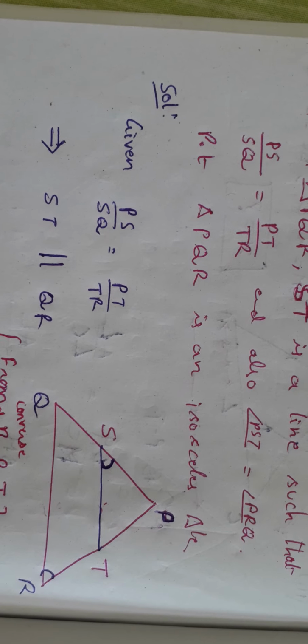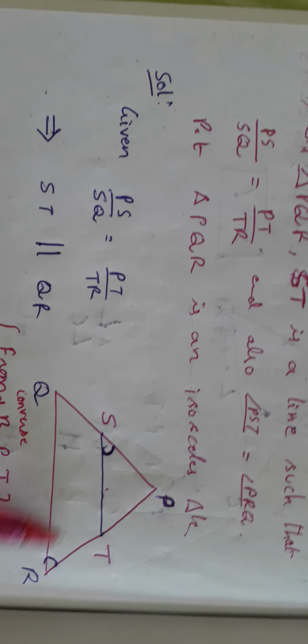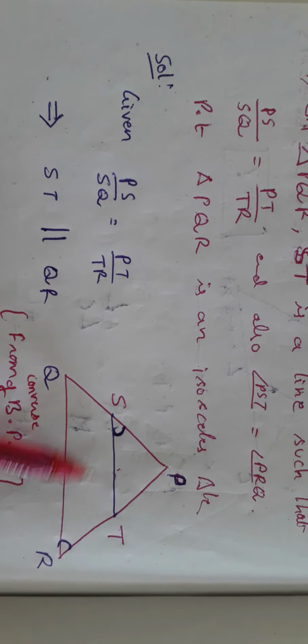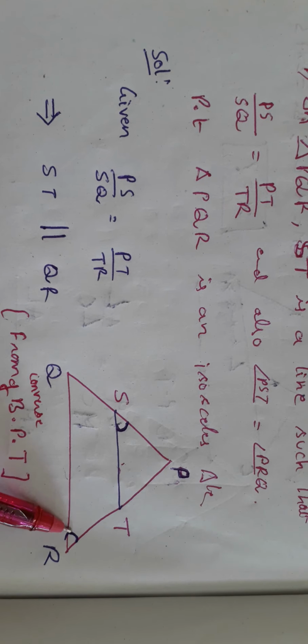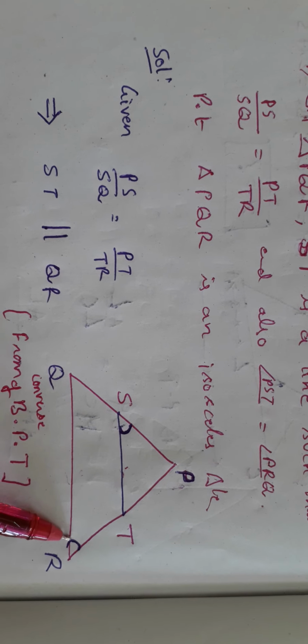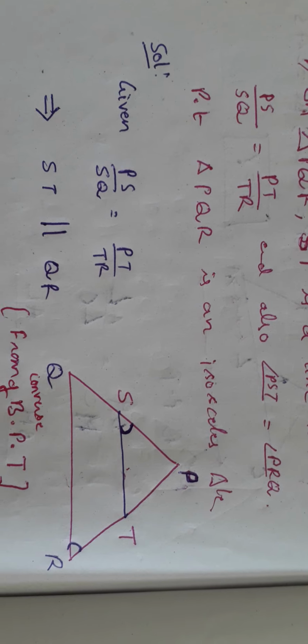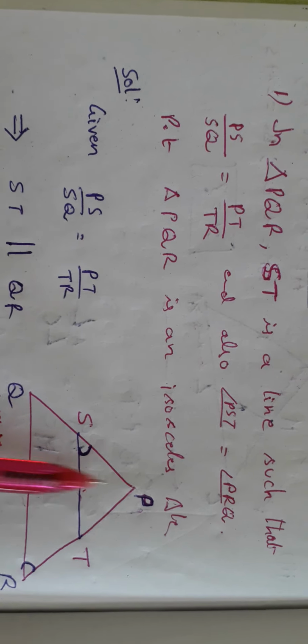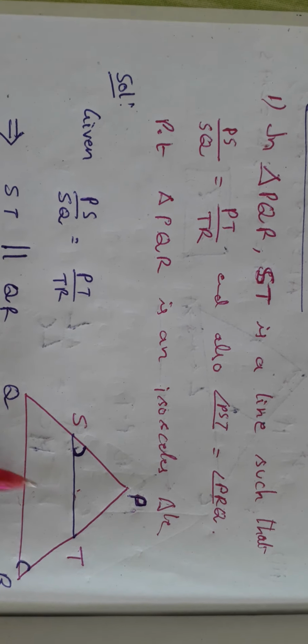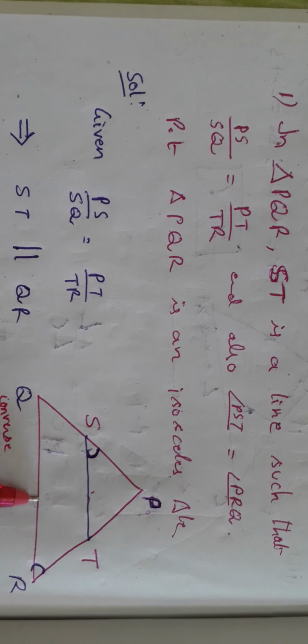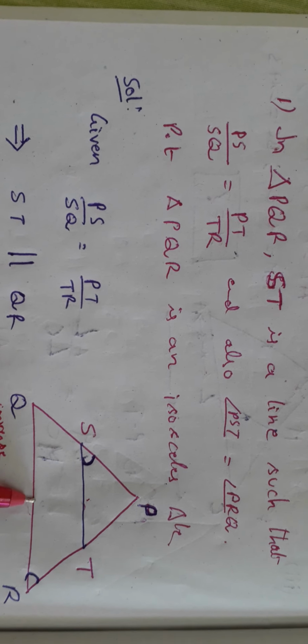So what is given now here? This is given. So thus we are drawing it to be the same angle. See, this represents the same angle representation given here. Right, from the first part, this is parallel to this, as we have concluded from converse of the basic proportionality theorem.